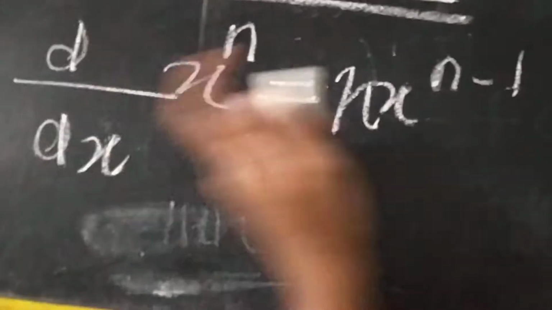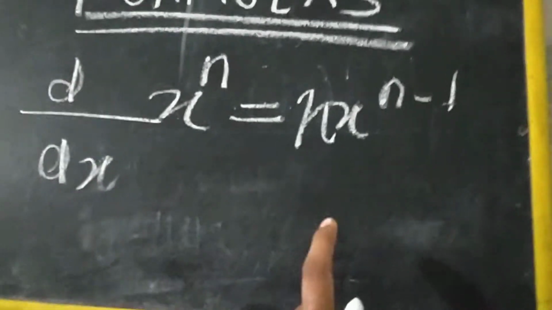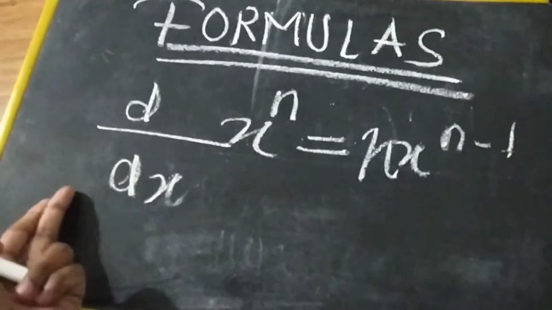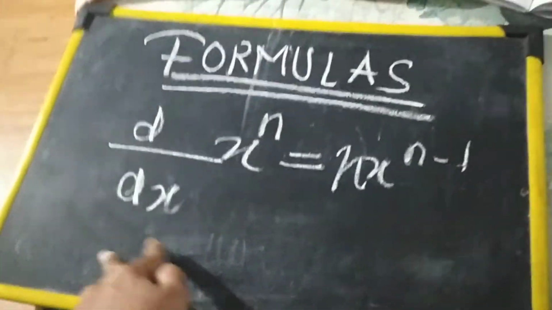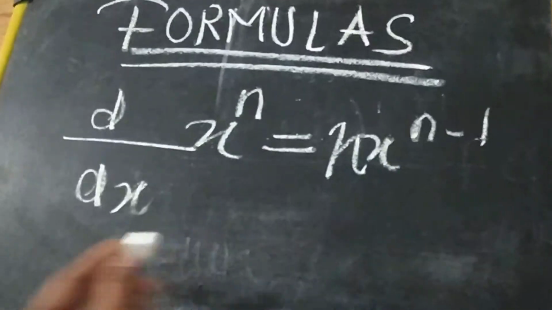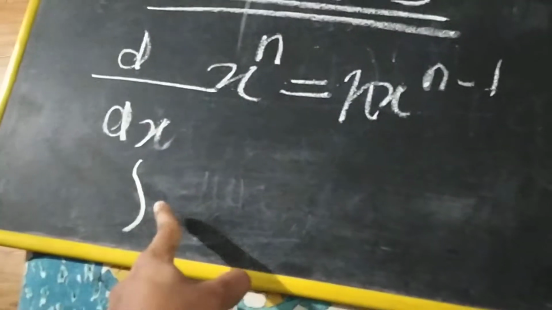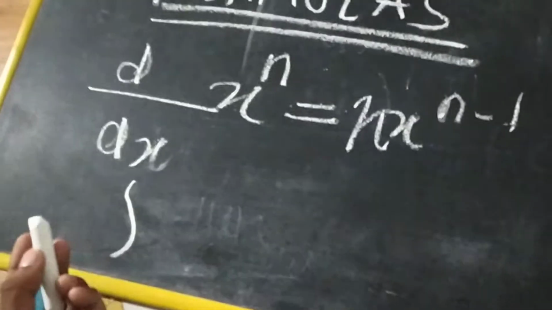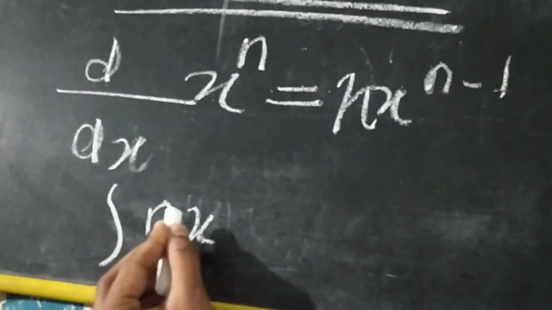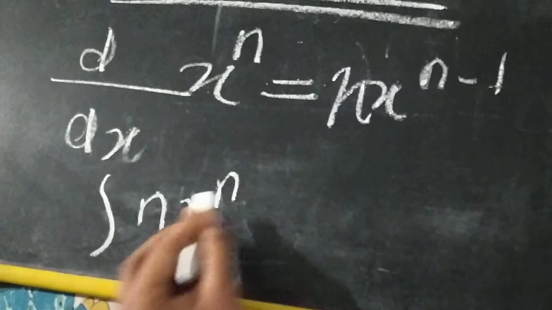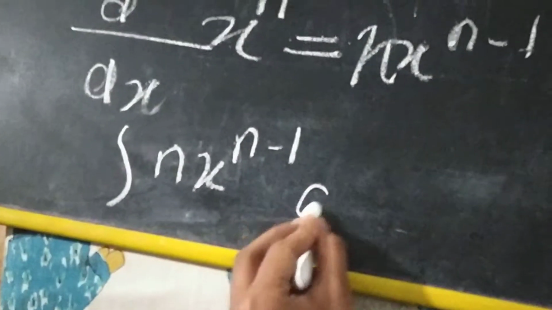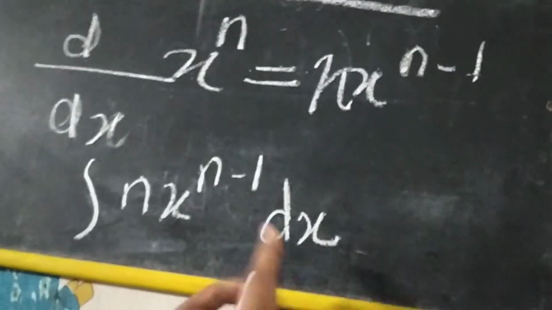So now, as I told you, integration is nothing but the inverse of derivative. This is how we represent integration: the integration of n x raised to n minus 1 dx, that is small change in x.